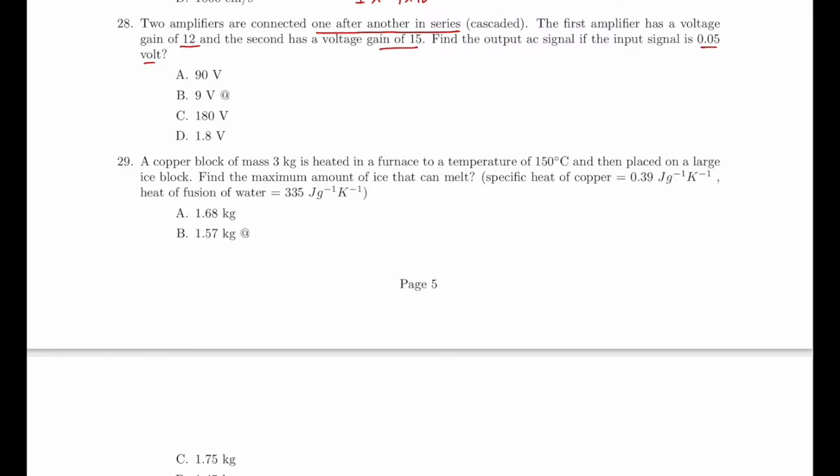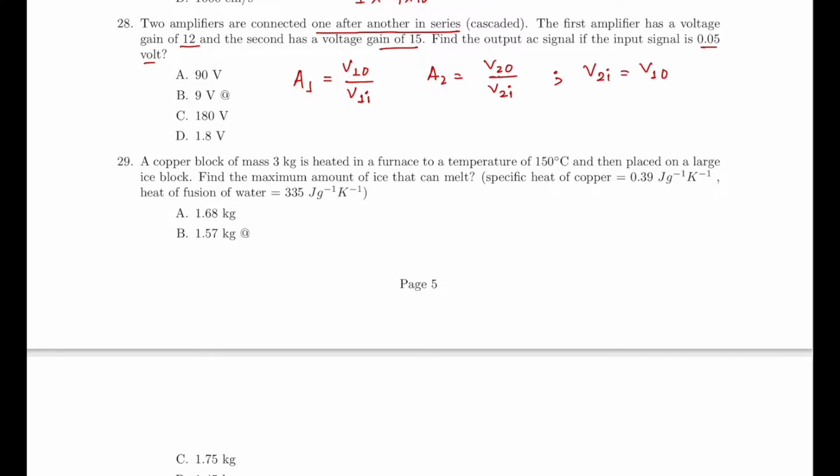So the gain of the first amplifier is the output of the first amplifier divided by the input of the first amplifier. Similarly, A2 is V2 output divided by V2 input, but since they are connected in series, V2 input must be equal to V1 output.